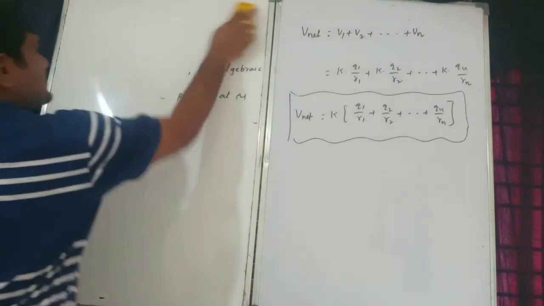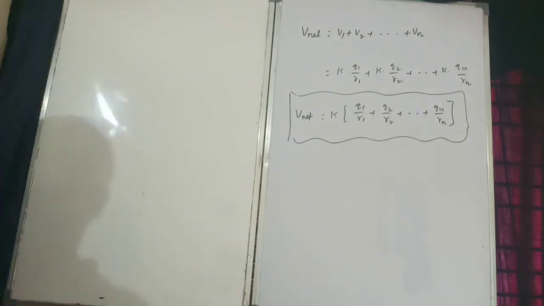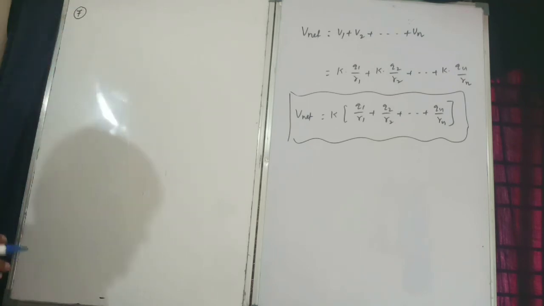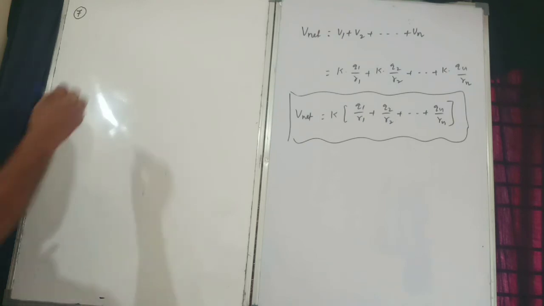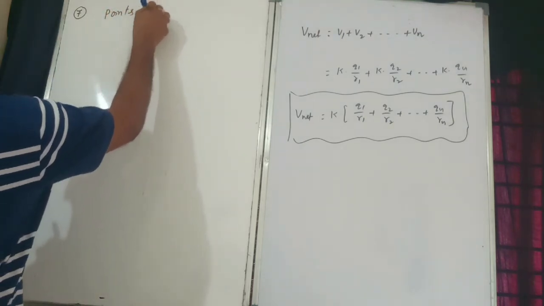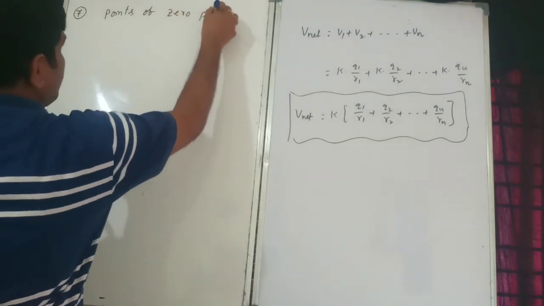Next, seventh concept. The seventh concept is points of zero potential. Points of zero potential.